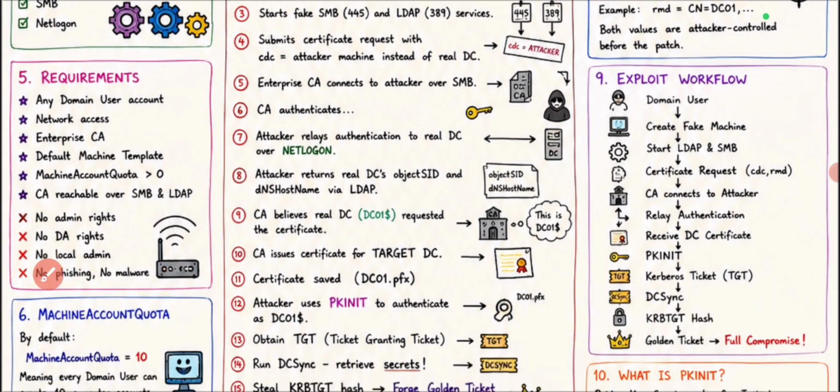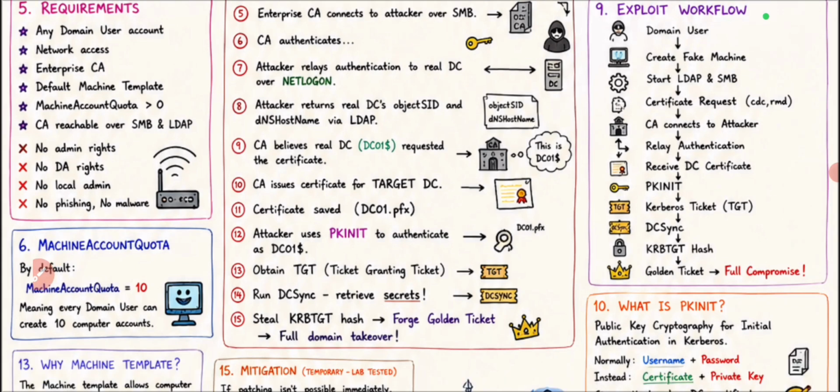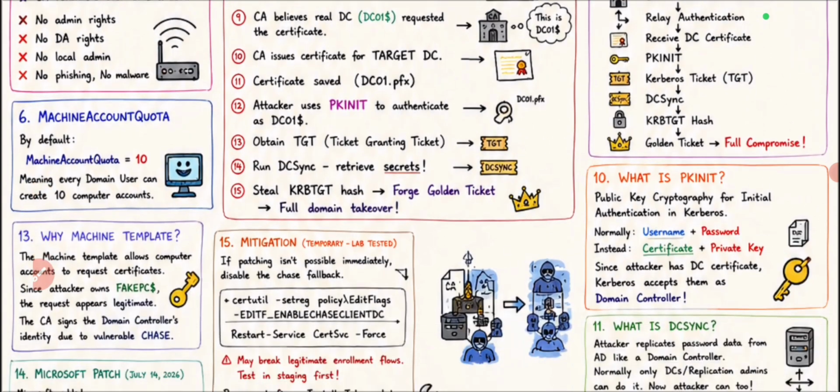Then the exploit flow starts: the domain user creates a fake machine, then starts LDAP and SMB, followed by a certificate request. Then the CA connects to the attacker, relays the authentication, and receives the DC certificate, then PKINIT, Kerberos ticket, DCSync, KRBTGT hash, golden ticket, and full compromise of the domain controller.